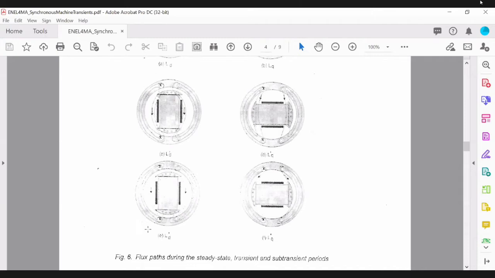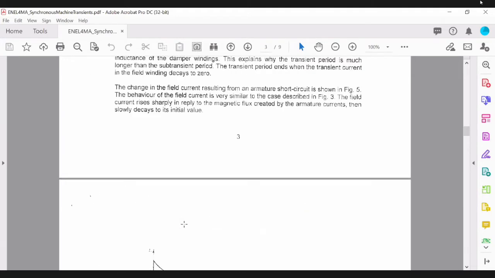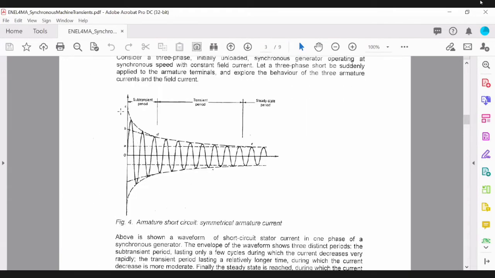Okay, so what happens because of that is the reluctance of this iron is obviously much lower as compared to when the flux is passing slightly through the surface of the rotor. So obviously here the reluctance is much lower, and the subtransient reactance is much lower, and that basically results in this much higher current that you're observing in figure 4 here during this period.